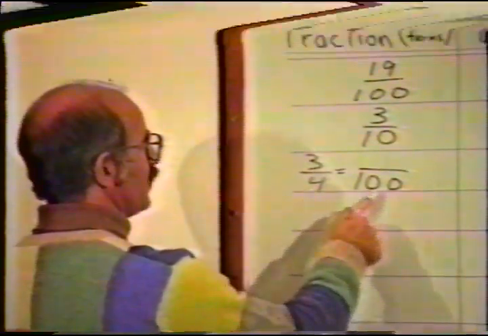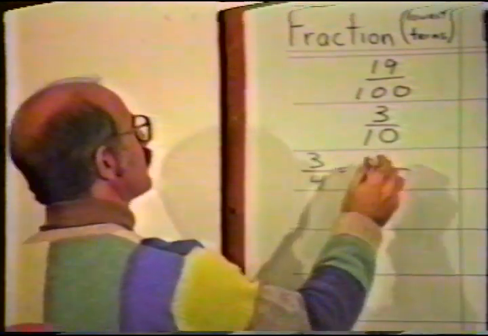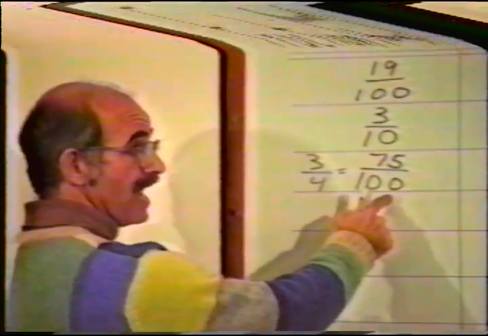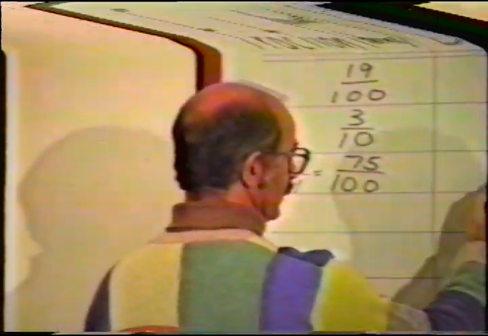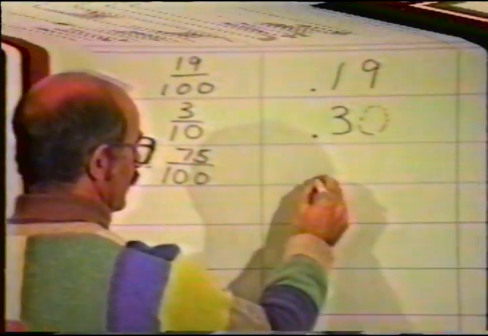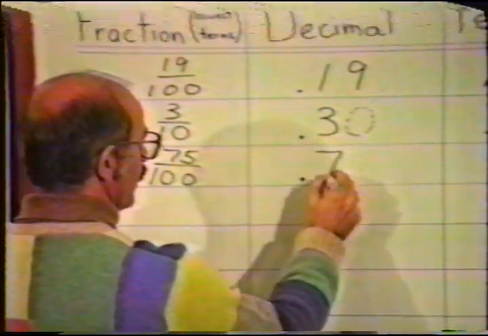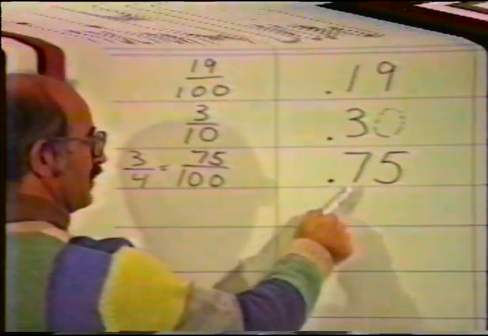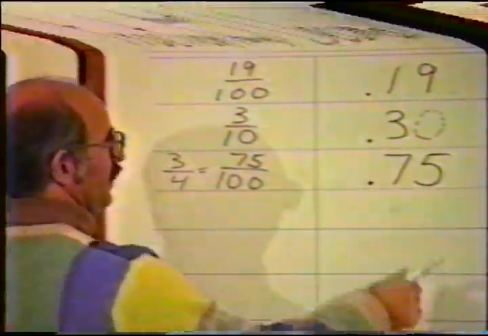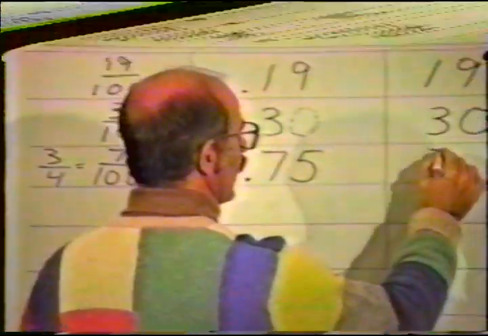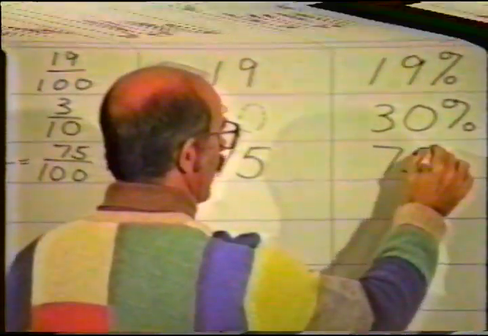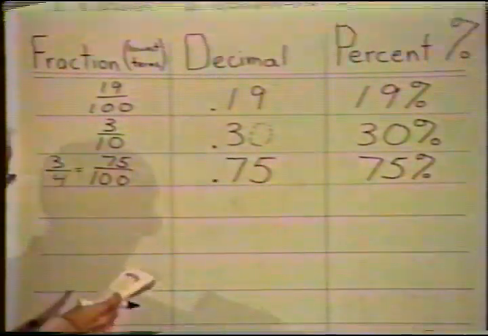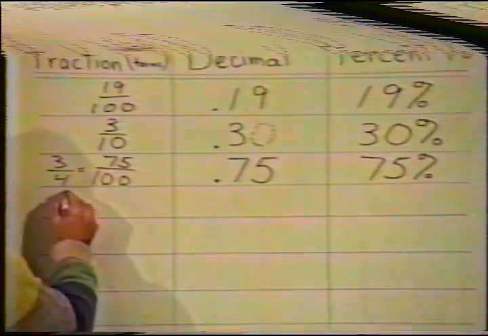Yes, 4 into 100 is 25, times 3 is 75. Now I can make that into a decimal, and what should I write? 75 hundredths, and the way I spell that out is 0.75. Moving it 2 places to the right, I get how much percent? 75%.